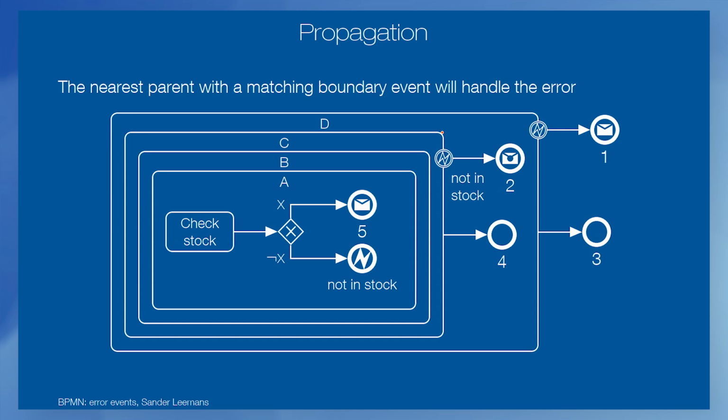As D finished in a normal way, we finish D by putting a token on the standard outgoing sequence flow. So notice that we do not use this error boundary event in this example. As D finished in a normal way, we are now in the top level process, and that finishes with a token in this end event number 3.